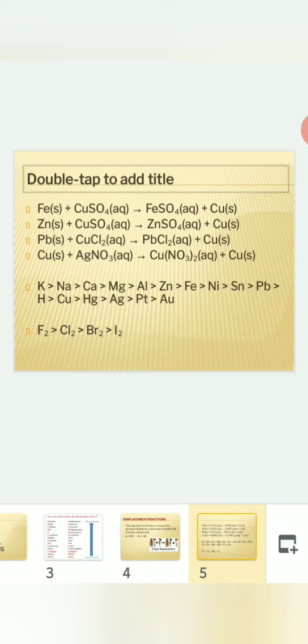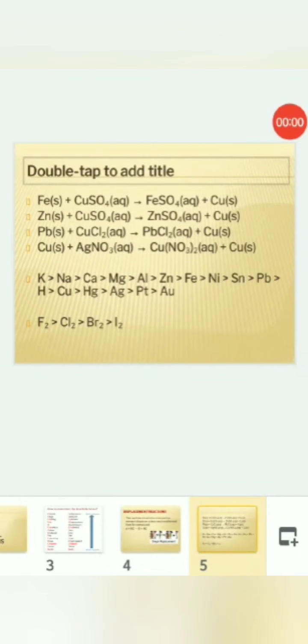So the reactivity of the metals goes like this. In the decreasing order of the reactivity: potassium, sodium, calcium, magnesium, aluminium, zinc, iron, nickel, tin, lead, hydrogen, copper, mercury, silver, platinum, gold.